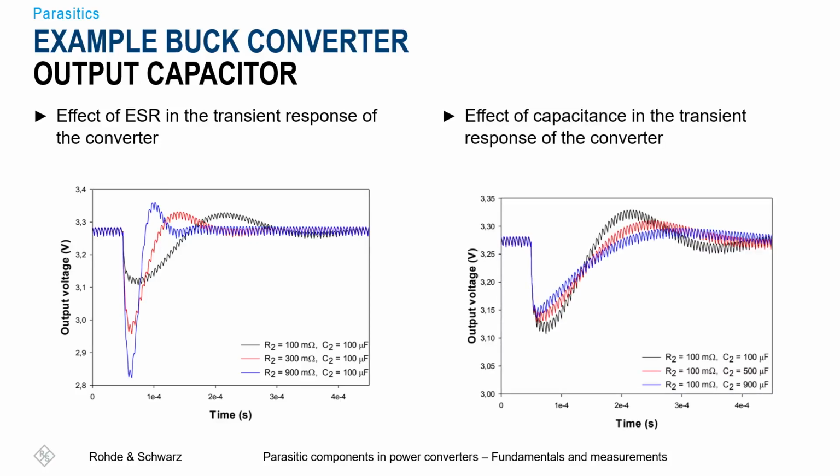The same happens with the capacitance value. Now we leave the resistor constant, and then we change the capacitance value. And we can see here that the transient response is completely different in the 3 cases. So it reaffirms that it's really important to properly characterize the different elements in our circuit, because this is for just one parameter.